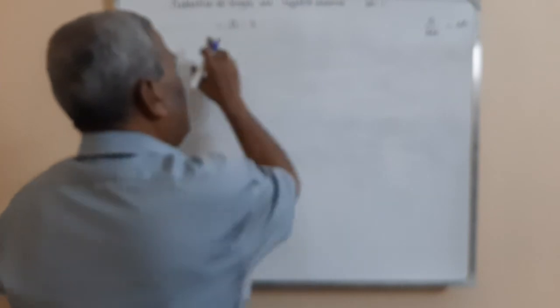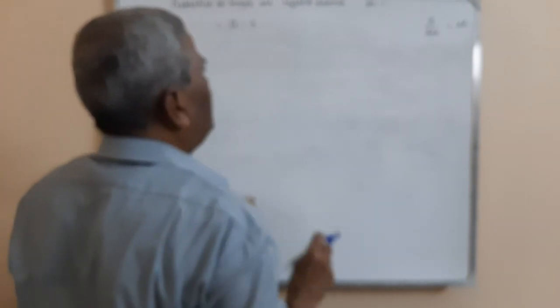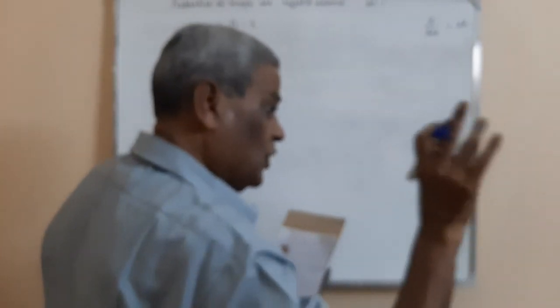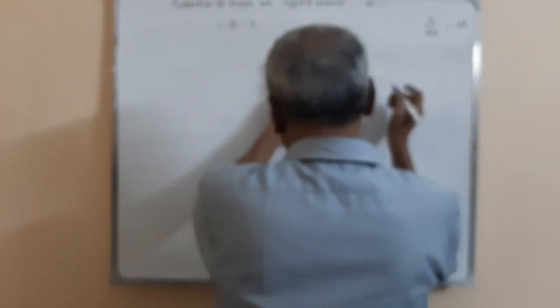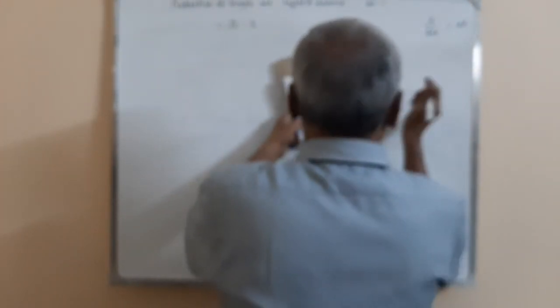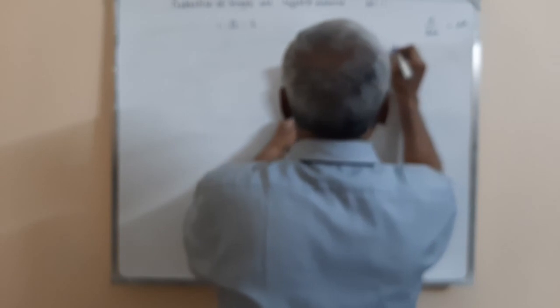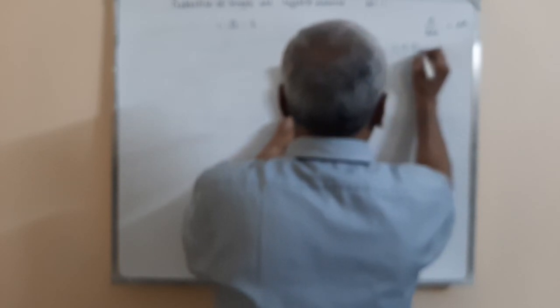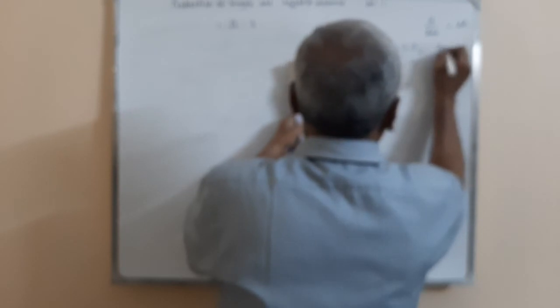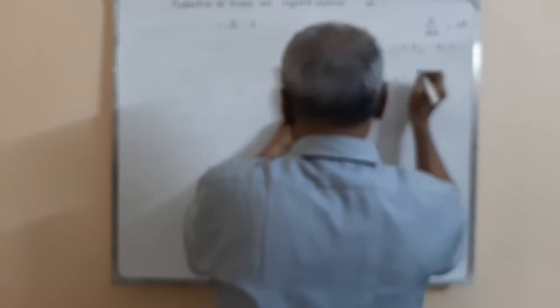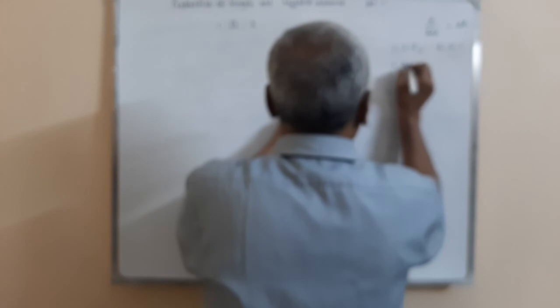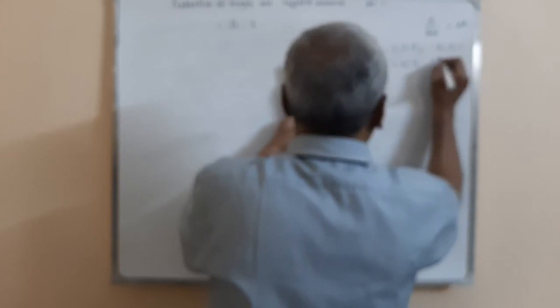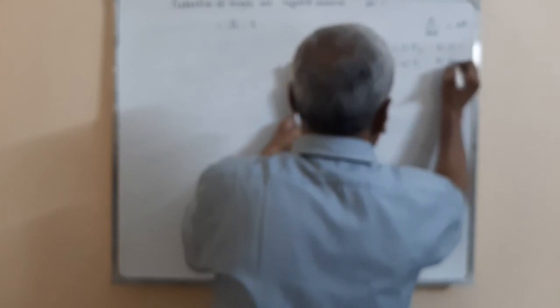For any triangle, the ratio of the sides is this; we have to find the ratio of the angles. The options are 1 is to 3 is to 5, second one 2 is to 3 is to 1, 1 is to 2 is to 3, and 3 is to 2 is to 1.